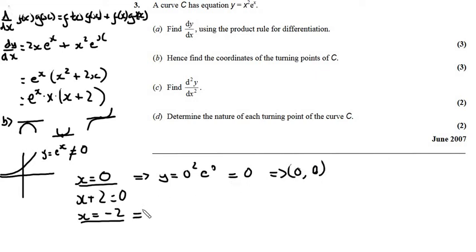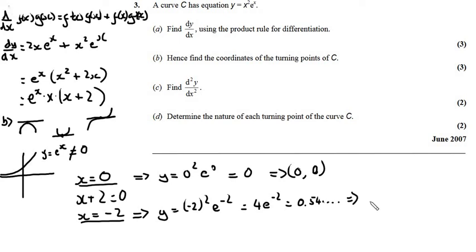And we'll do the same for negative 2. Y equals negative 2 squared times e to the negative 2, which just equals 4e to the negative 2, which equals 0.54 something, going on forever.